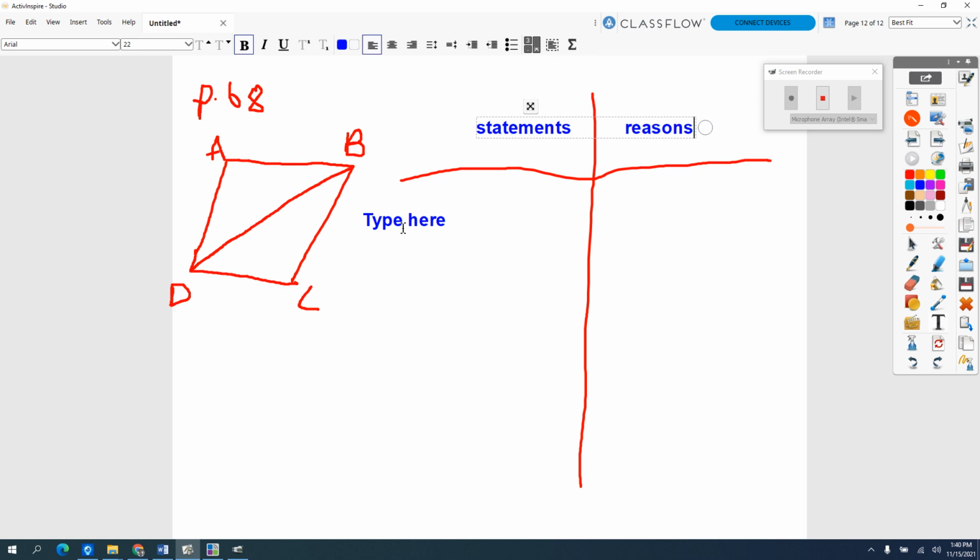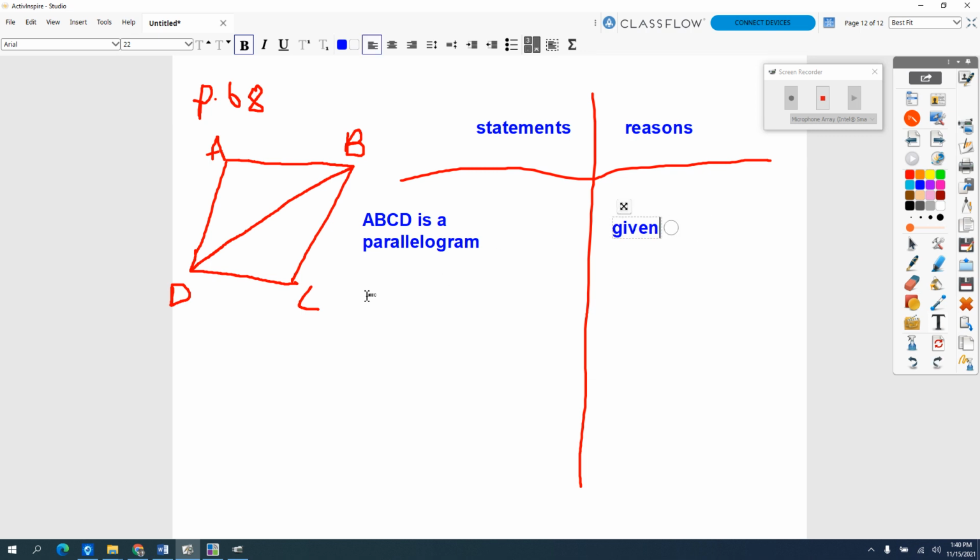Statement number one, we have to start with the given. It's telling us the quadrilateral is a parallelogram, so the given is ABCD is a parallelogram. And the reason is obviously given.